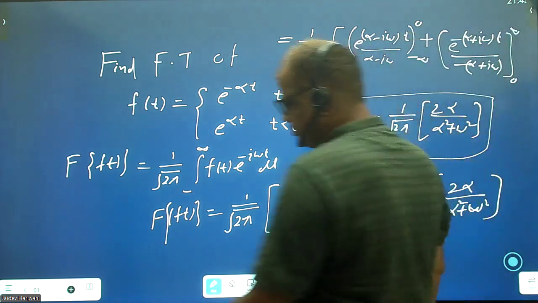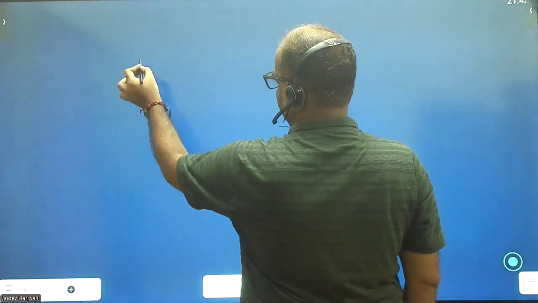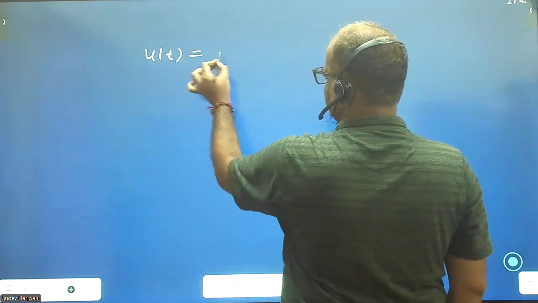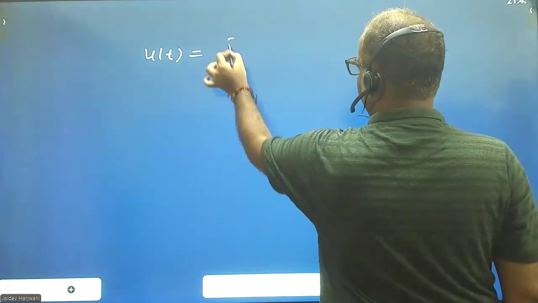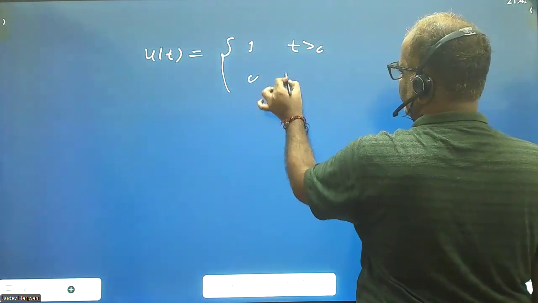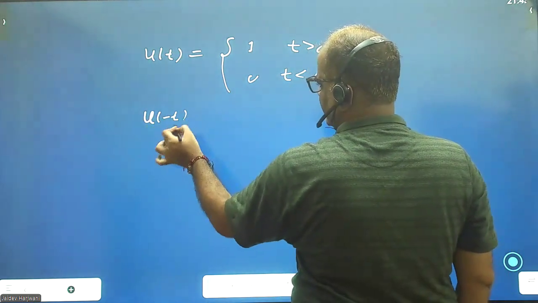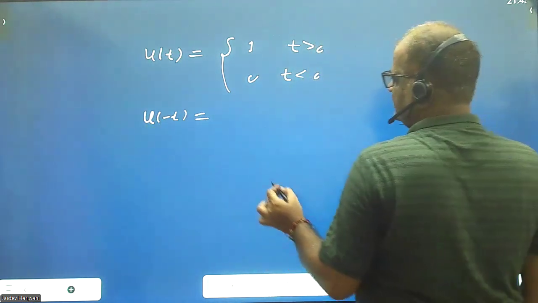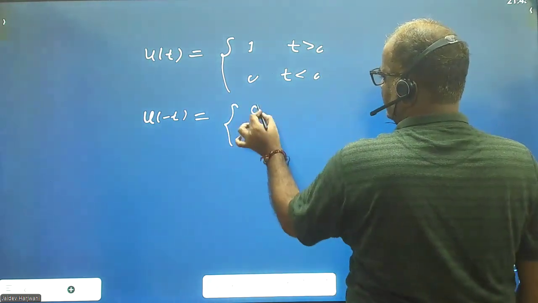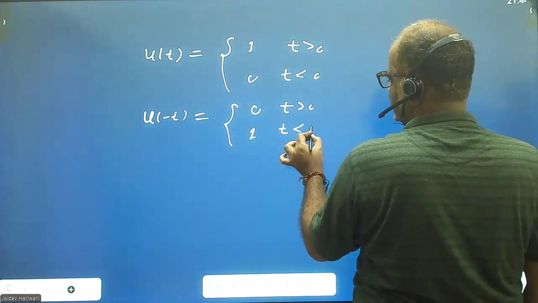And now, for this function, we have already seen the step function u(t). How do we define it? The step function is 1 when t is greater than 0, and 0 when t is less than 0. Similarly, I can define u(minus t). U(minus t) is 0 when t is greater than 0, and 1 when t is less than 0.